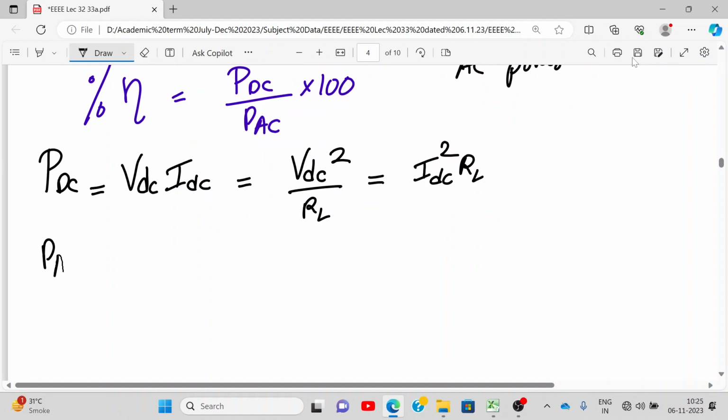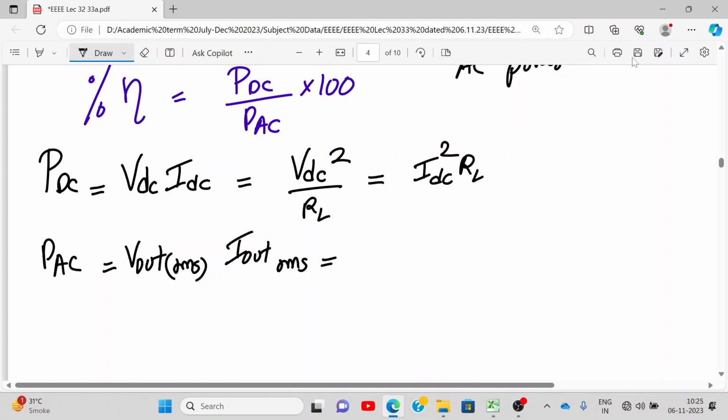Then tell me AC power. This is challenging. AC power is how much? See, average value represents the DC quantity. RMS content represents the AC quantity. So it will be V out RMS into I out RMS.